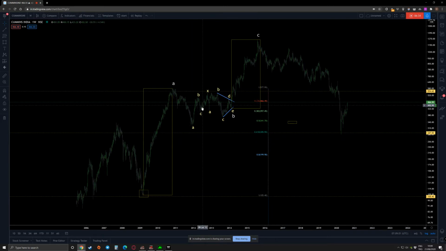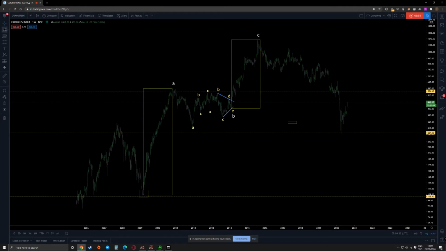Now, what I have is a valid zigzag with an A, B, and C. And look, I didn't even try to count here. You may ask yourself why. Well, we don't have retracement more than 618.